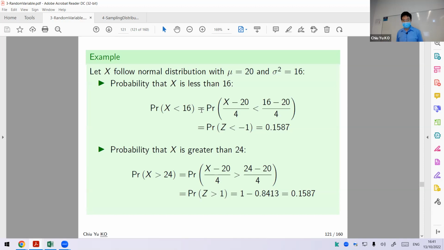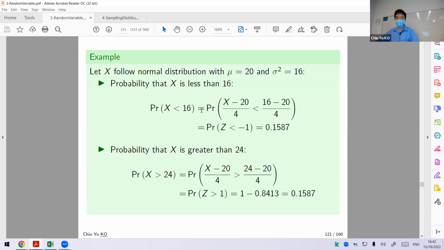Then we can ask the question, if I say X follows a normal distribution with a certain mean and a certain variance, and you want to figure out the probability related to X, how do you do it? You just transform it to a Z, right?